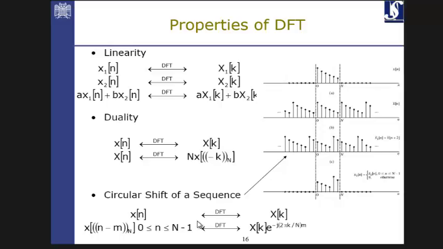And the circular shift of a sequence. So if you have the signal in time domain and correspondingly something in the frequency domain, in the DFT domain as x of k, then if you do the shifting in the time in this way, with m times, what happens to the signal in the frequency domain or the DFT domain for the coefficients?